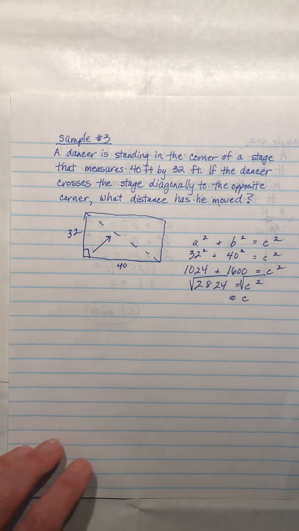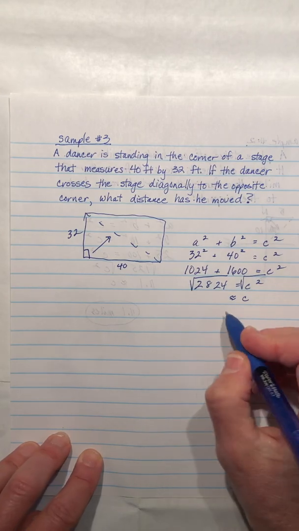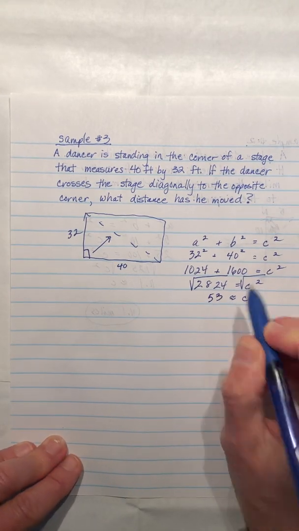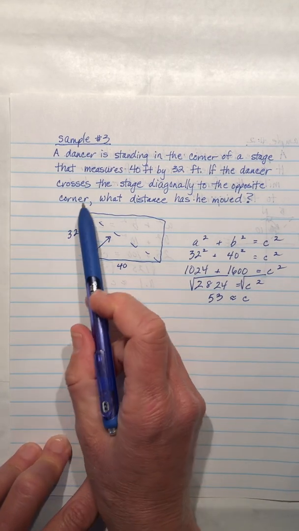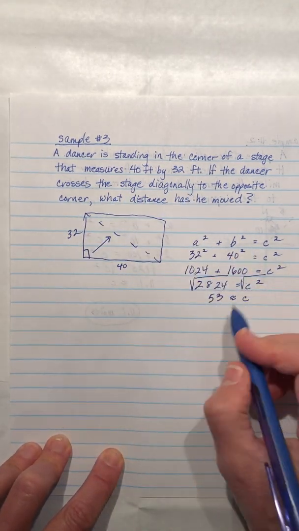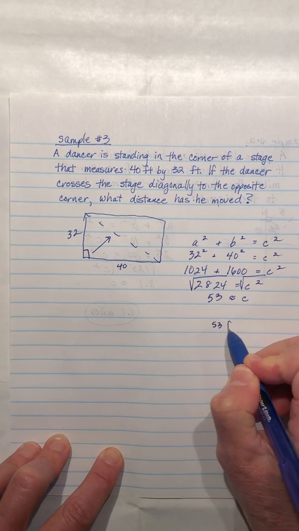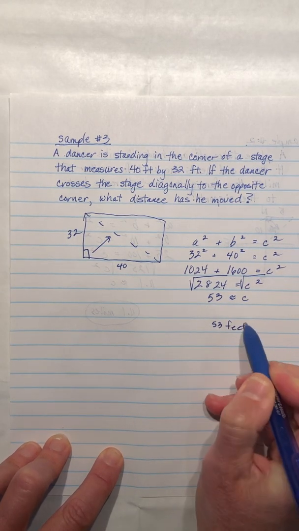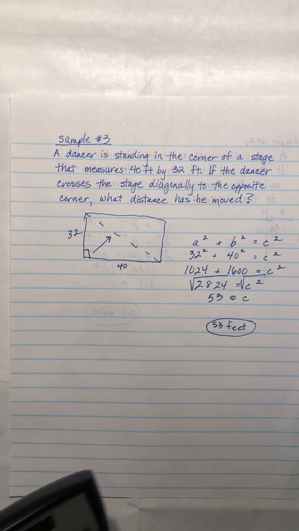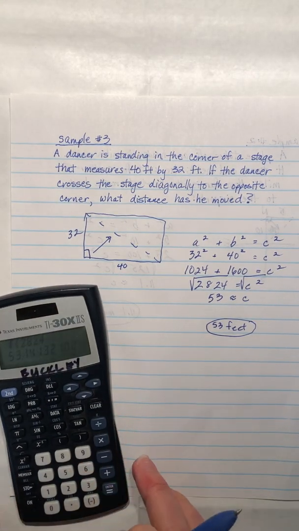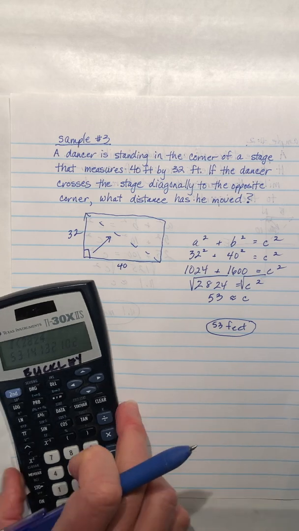Yep, and that comes out to be about 53. And let's see, our unit will be feet. Just want to check that math again one more time. I knew I did something wrong.